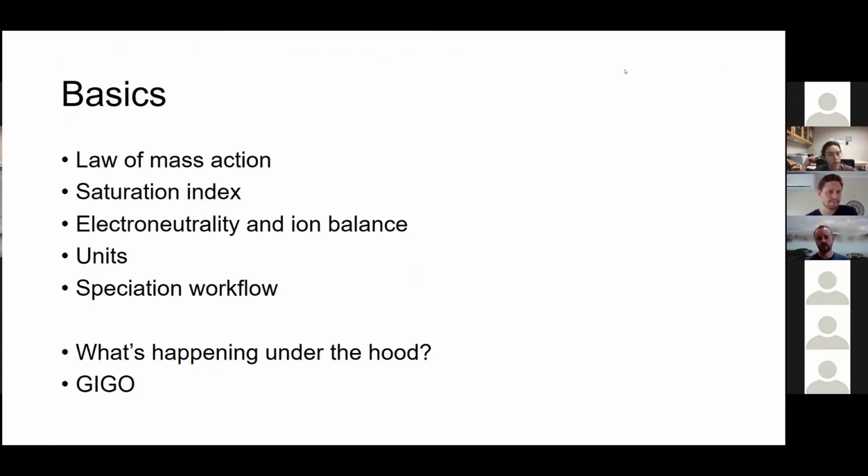The law of mass action and what we mean by that, what a saturation index is. We hear that bandied around quite a bit, but maybe you don't know. Some essential assumptions that we make in our modeling, which include the fact that the system, the water, is in electrical neutrality or equilibrium, and a point on units, and then a little bit of a step through speciating, what we might say speciating water.